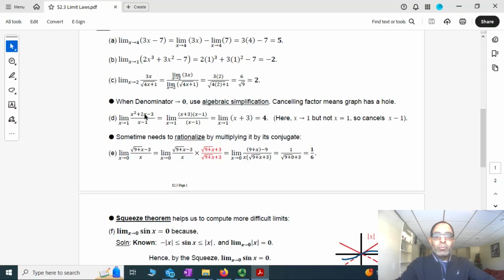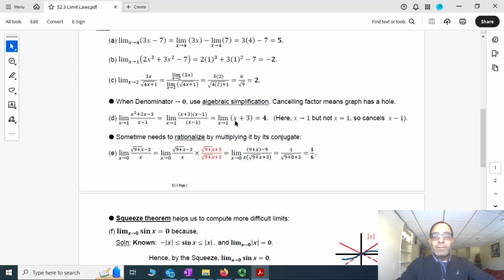So numerator, we can factor x squared plus 2x minus 3 as x plus 3 and x minus 1. Then in the next step, we can cancel the x minus 1 in the numerator, with x minus 1 in the denominator. Keep in mind, here x minus 1 is not equal to 0 because the limit here is x approaches 1. So we can cancel the non-zero terms there.